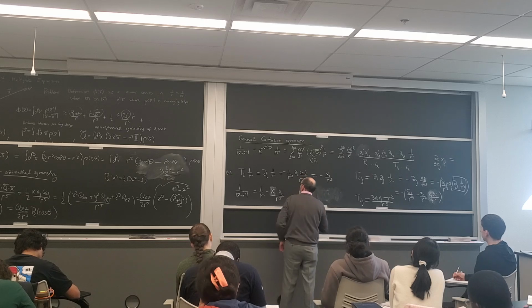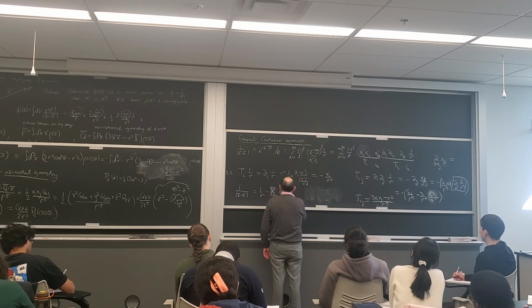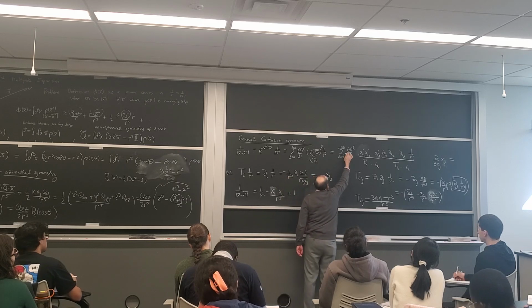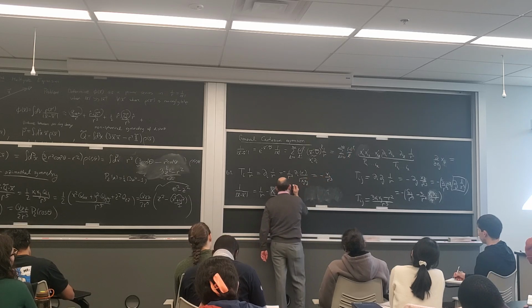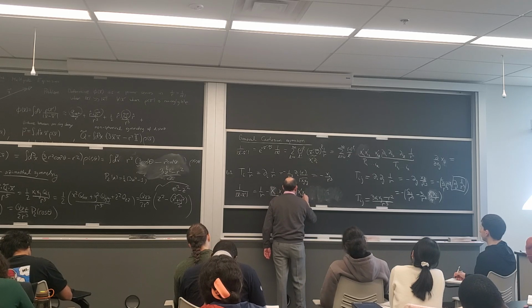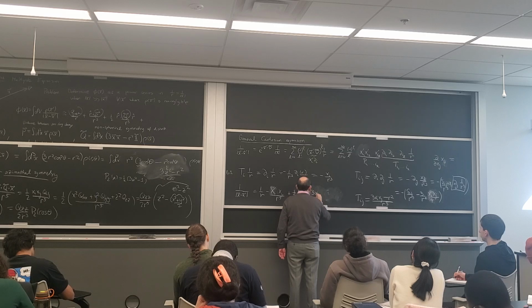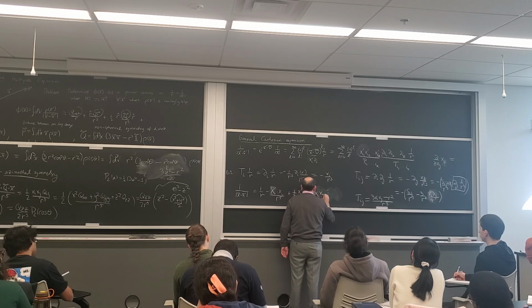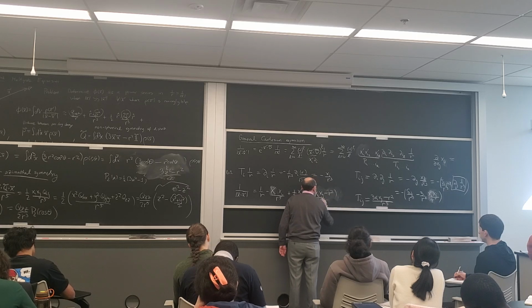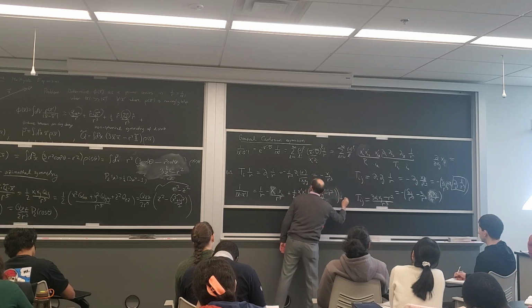And then I get plus one half xi prime xj prime times 3 xi xj minus r squared over r to the 5th plus dot dot dot.